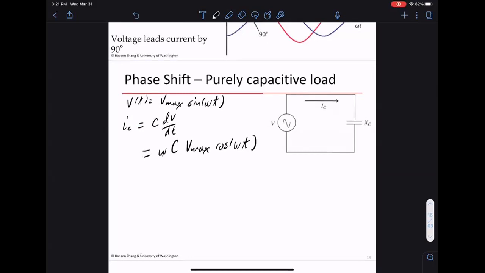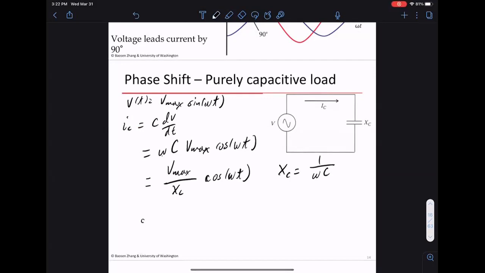We're going to define XC as 1/omega C. So this is V max over XC cosine omega t.